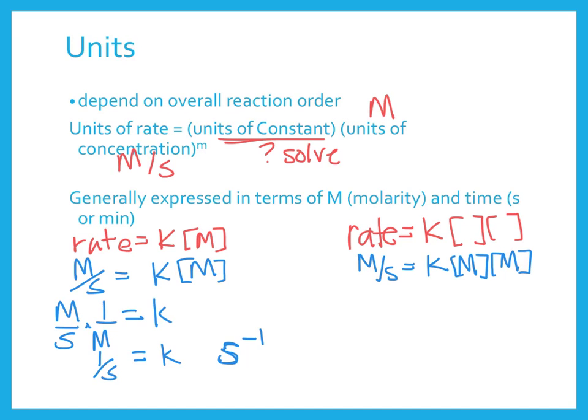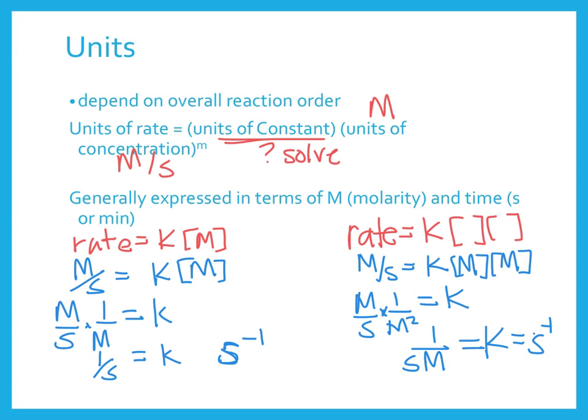When we solve for K, we have molarity over seconds times 1 over molarity squared, because molarity times molarity gets us molarity squared. So our K unit in this case would be 1 over seconds times molarity, which is also written s to the negative 1, M to the negative 1.